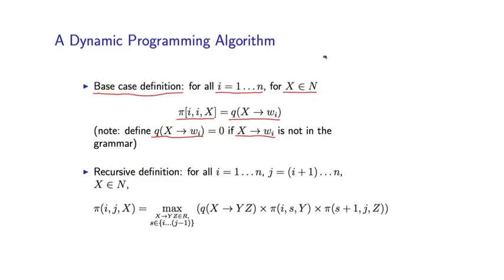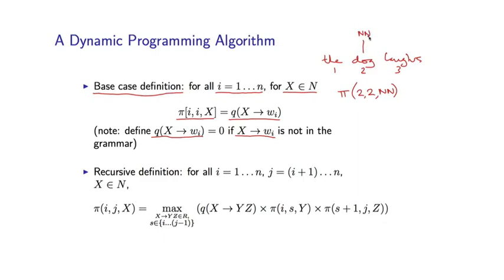So let me give you a concrete example. If we have the dog laughs, with words 1, 2, 3, and I want to compute pi of 2, 2, NN, this is going to be the highest probability for any parse tree with NN as its root, spanning words 2 to 2 inclusive. There's only one way of doing this.